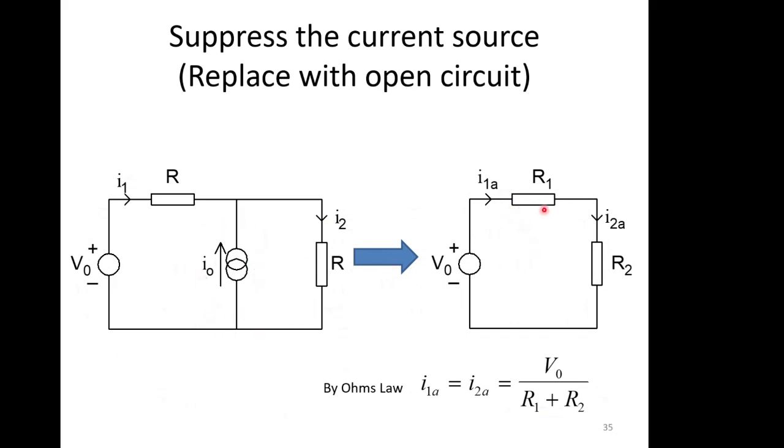And you can see now that this is a voltage divider, so we can work out what the currents are. I1A is going to equal I2A because there's nowhere else for the current to go. And we can just apply the voltage divider rule to get that I1A equals I2A equals V0 over R1 plus R2. So that's our first solution.